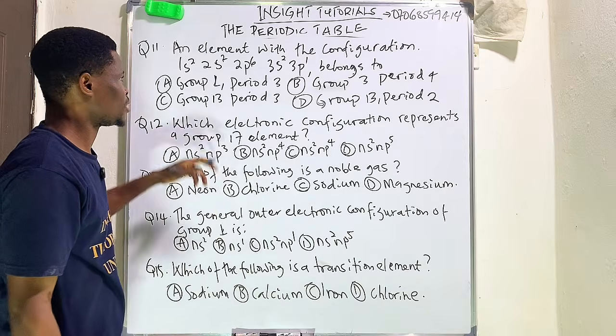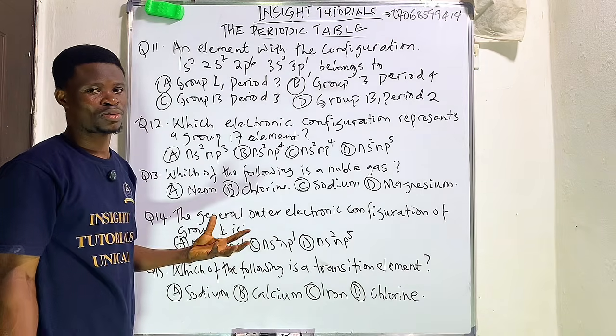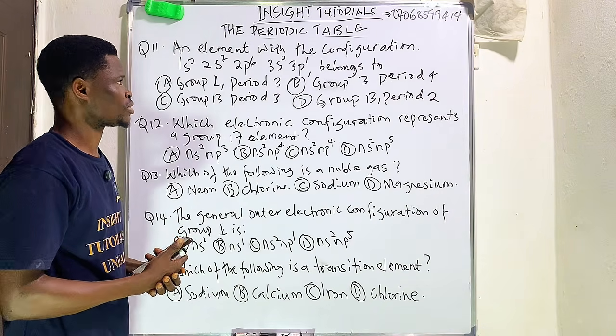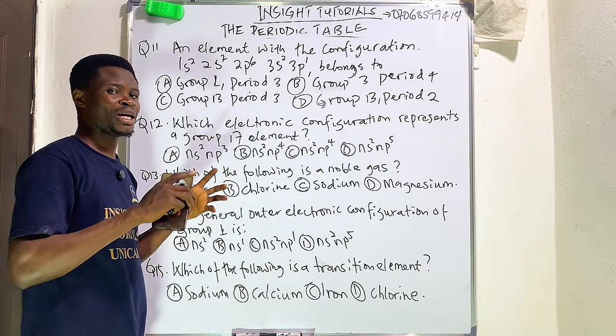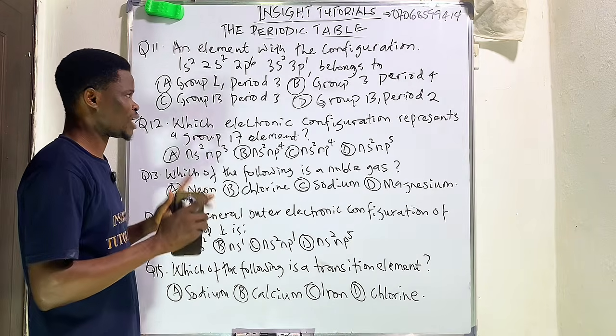What do I mean by that? This number here, 1, 2, 2, 3, and 3, are the shell, or we call it the energy level, of that particular element. The highest shell here is 3, and any element that has 3 as its shell is in period 3. So that's the first thing we established.